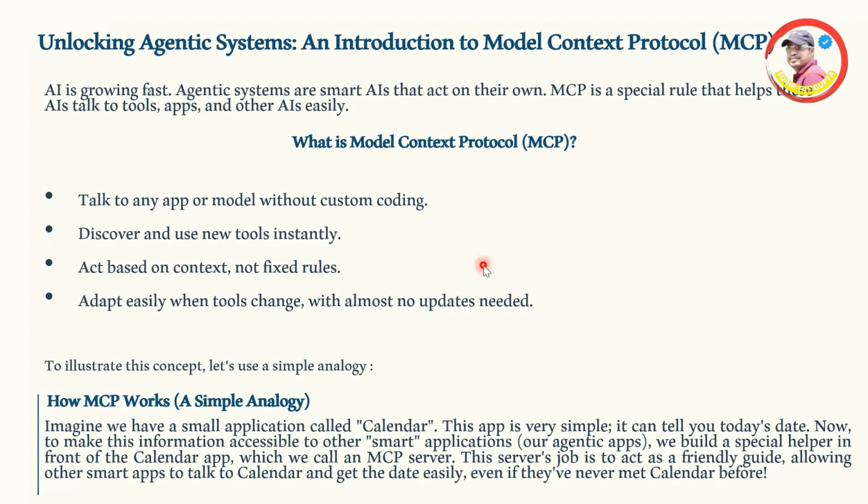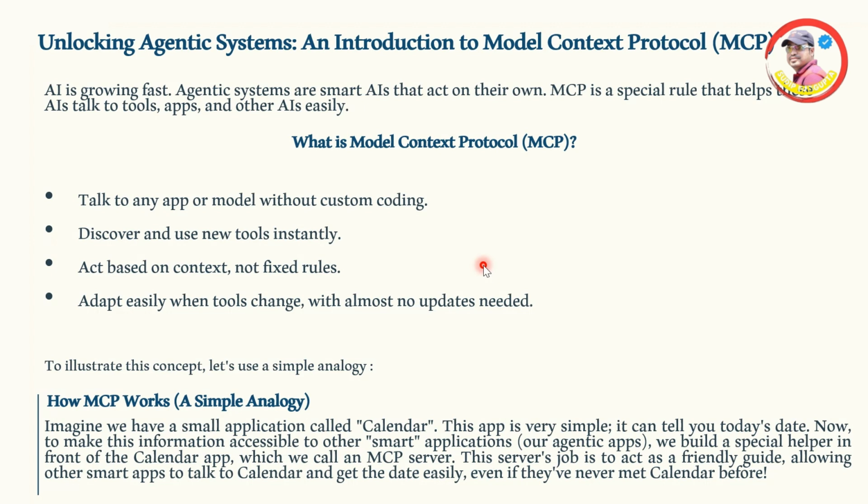What that robot will do, it will go to various tools. One of those tools can be a flight booking tool, from where it can book the ticket and come back to you saying that, hey, here is your ticket. So things like that can happen through agentic systems, which are small robots running on your server and which can communicate with tools like the flight booking tool I just described.